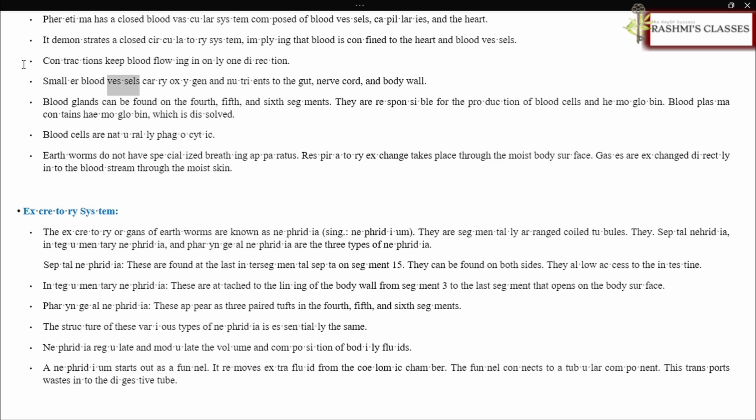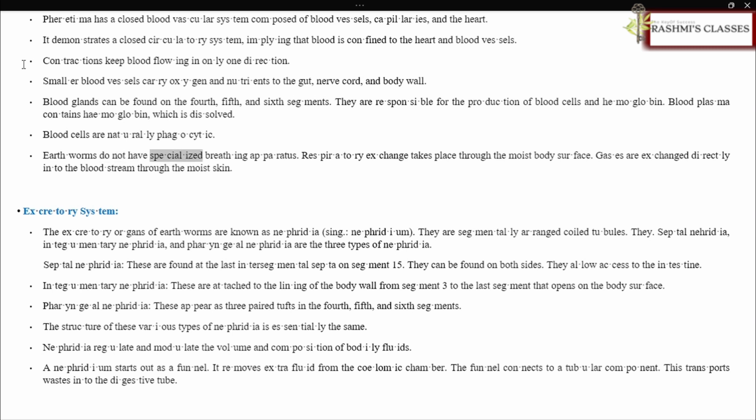Smaller blood vessels carry oxygen and nutrients to the gut, nerve cord, and body wall. Blood glands can be found on the fourth, fifth, and sixth segments. They are responsible for the production of blood cells and hemoglobin. Blood plasma contains dissolved hemoglobin. Blood cells are naturally phagocytic.